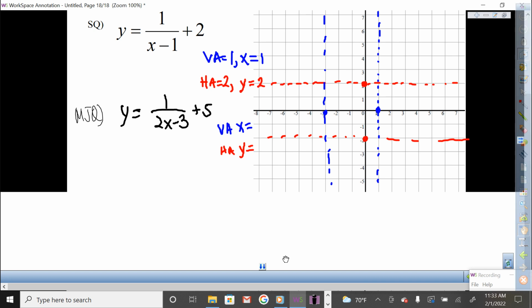Some of you are like, wait a minute, that one looks a little bit different. Yes. So, what do you get for the vertical asymptote? Then I'll pick someone to help me.